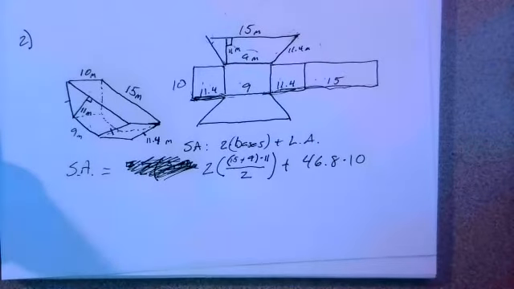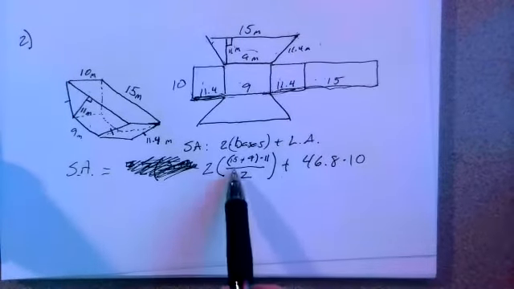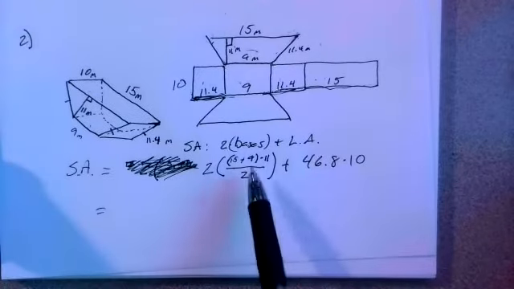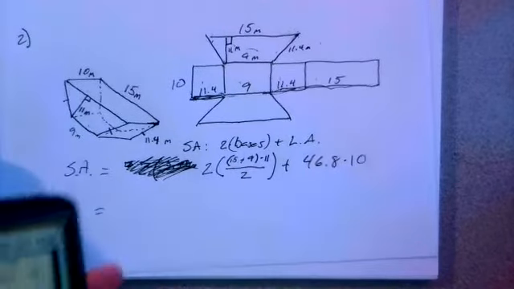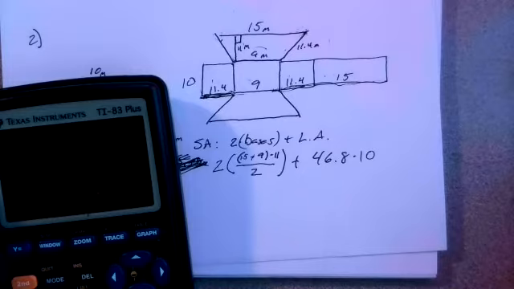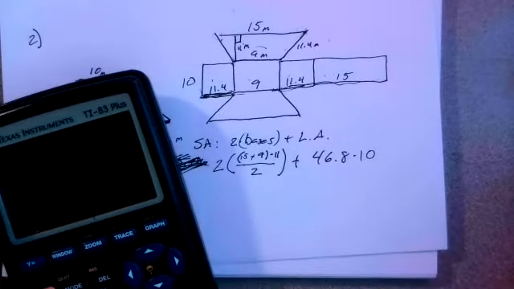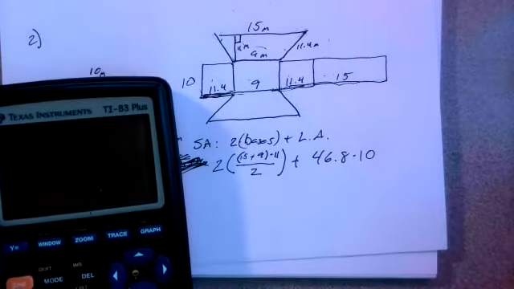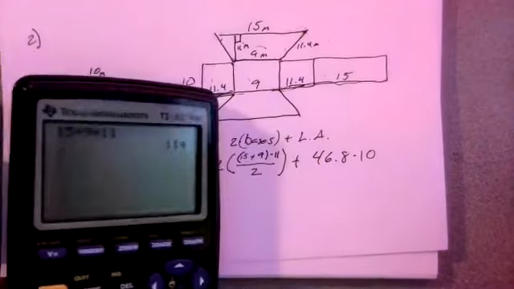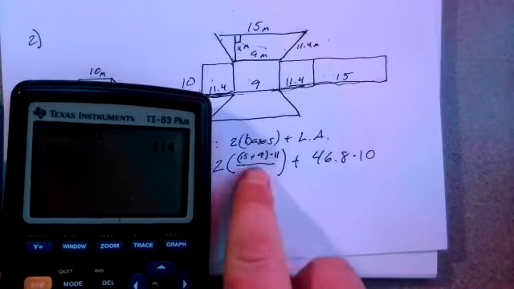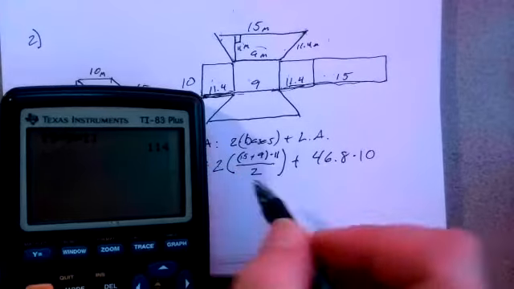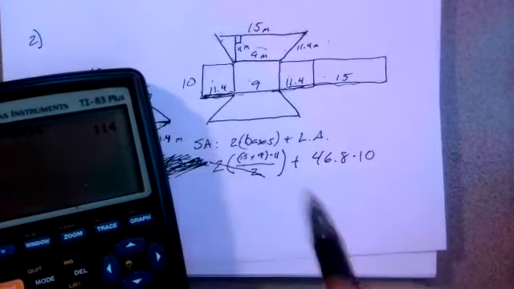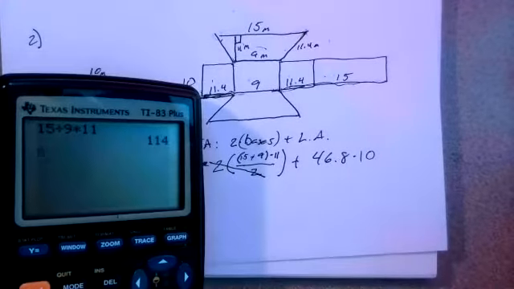Okay, so now I can do all my calculating here. In my calculator, I'm going to start with this guy here. So 15 plus 9 times 11. That gives me a number here. Now, I'm going to divide it by 2 and then multiply it by 2, which just seems silly.